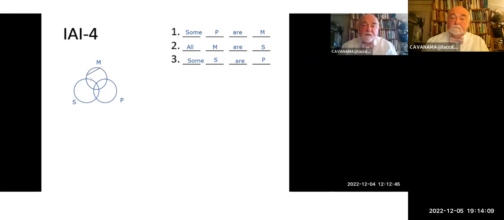And that's what we're going to show with this shade. So any bit of the M circle outside of the S, and that's going to be these bits here. Just draw another. There. Okay. Now, our particular proposition says some P are M. So there's at least one P, and it is an M.